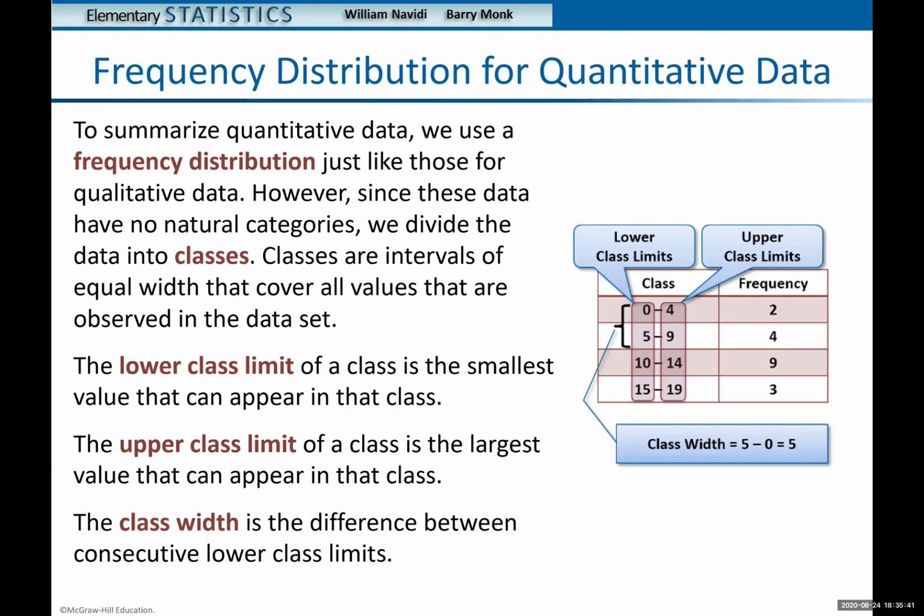So we divide those numbers into classes, because we're talking about quantitative data. Just like the example here on the right side, you divide your numbers into different classes. Here, 1, 2, 3, 4. There are 4 different classes here. And classes are intervals of equal width from 0 to 4. How many numbers from 0 to 4?